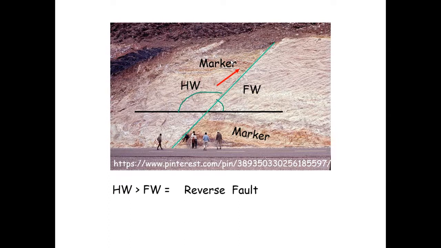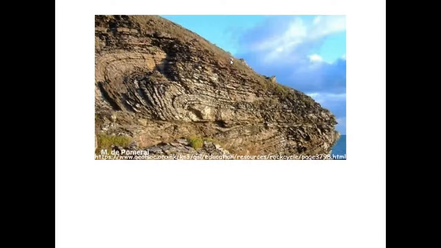There's another type of fault that's a variation of a reverse fault. And you can see here the fault plane is almost horizontal. There is a slight increase. And so the hanging wall is the side above the fault line, and the footwall is the side below it.